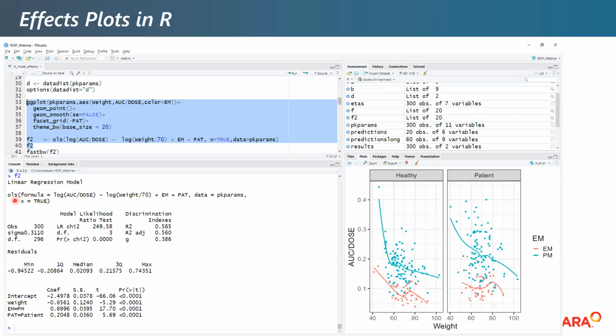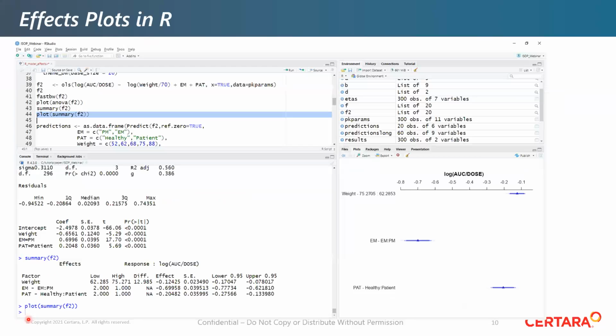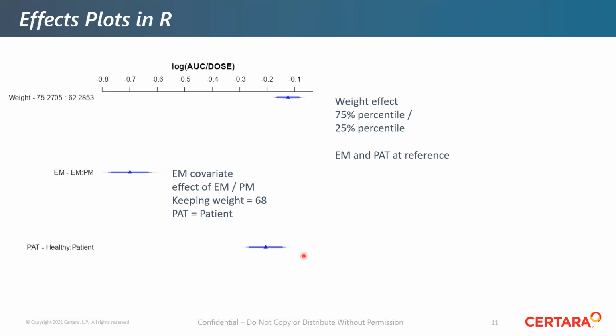And the advantage is once you fit an OLS, ordinary least squares model, so I'm showing here that I got the coefficient for my weight covariate. And in R, you can just summarize the model and plot the model, and boom, you have a forest plot showing the impact or the effect of weight on here.